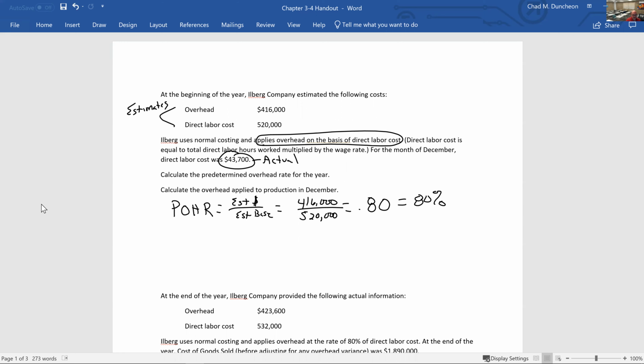Okay, then it says calculate the production overhead applied in December. So our applied overhead is our rate, 80%, multiplied by our actual base. Our actual cost here was $43,700.